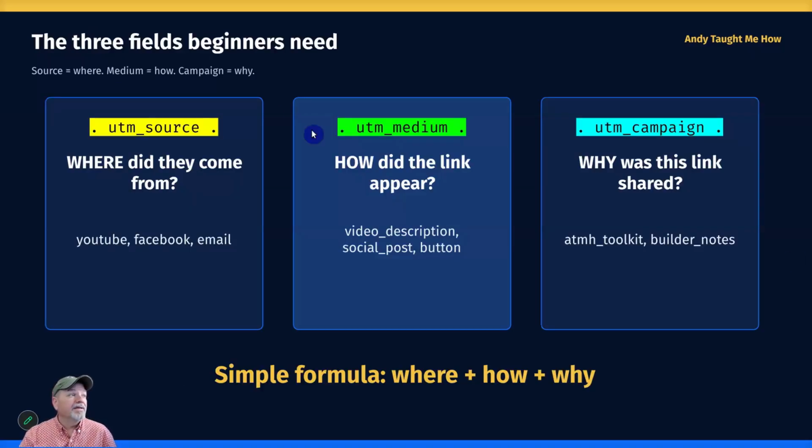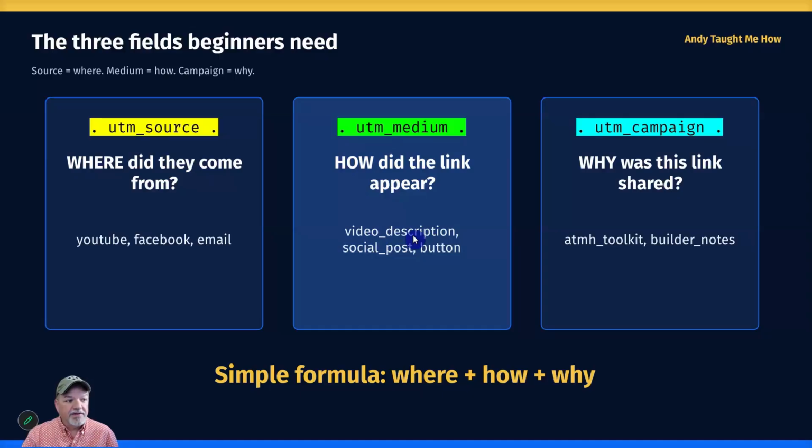All right. So the 3 fields that everybody needs, these are the core fields that we were talking about. The source is where, the medium is how, and the campaign is why. UTM source means where did they come from. They could be YouTube, Facebook, email, a QR code, a flyer on a bulletin board. UTM medium, how did the link appear?